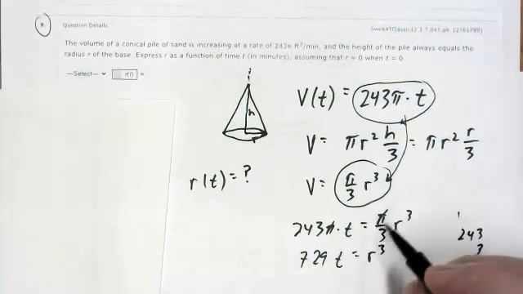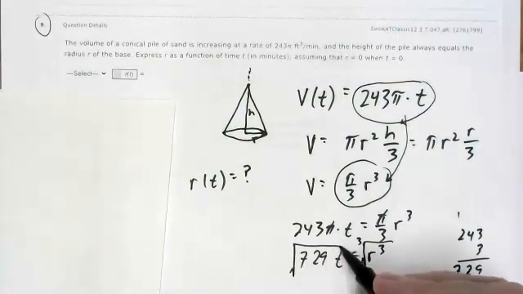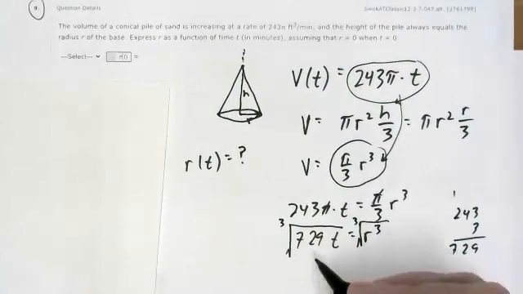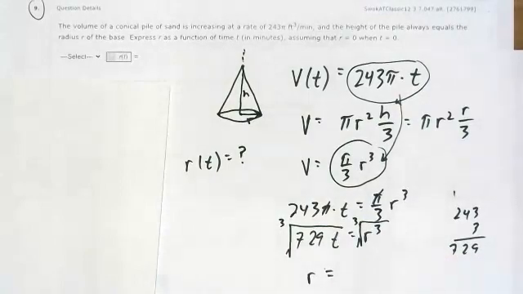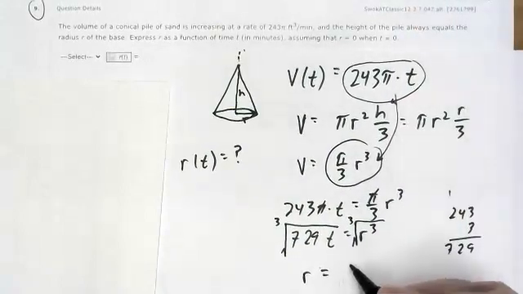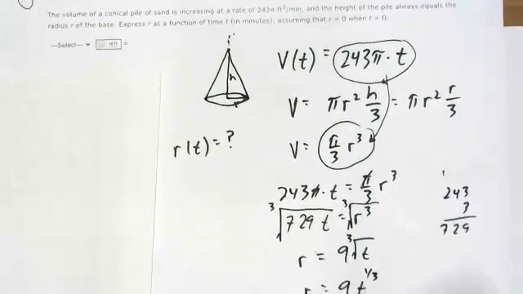Now, if I want to solve for r, since I have r cubed, I have to take the cube root of both sides. So when you do that, you end up with r equals the cube root of 729 times the cube root of t, which is 9 times the cube root of t, or another way to write it is 9t to the 1/3.